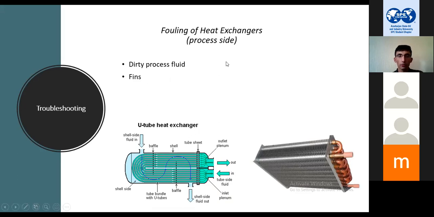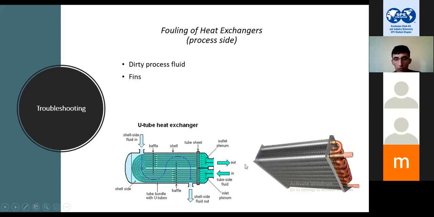And this is also fouling of a heat exchanger, but this is a tube type heat exchanger, or we can call it a shell and tube type heat exchanger. Again, dirty process fluid, but this time we're talking about the shell. Another reason can be fins.